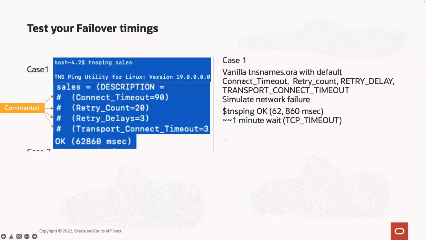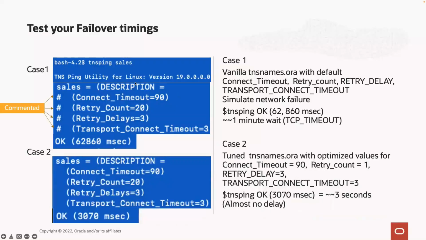If I try to simulate a network failure, I get about a minute, which is my TCP timeout on my operating system. And when I set the parameters, as I said, in my tnsnames.ora, immediately I can see the benefit. It's almost no delay. So it goes quickly. We find out quickly. We relocate quickly. This means your application does not need to continuously wait, and your application users do not need to worry about waiting for a connection timeout.